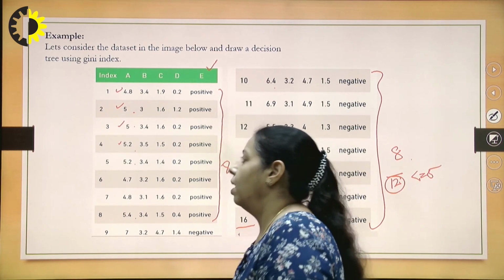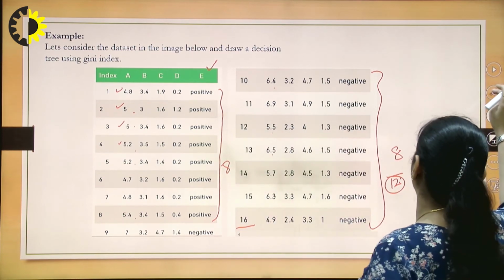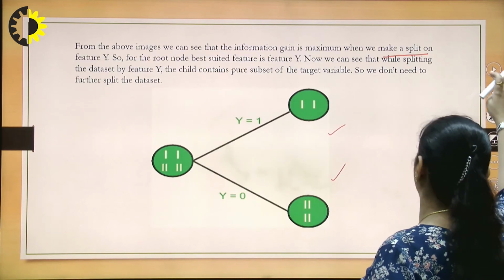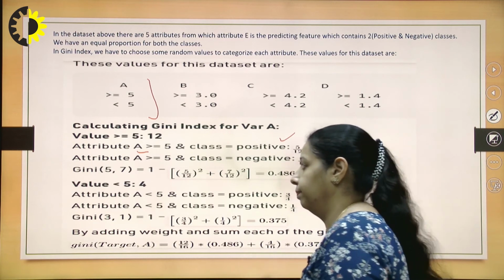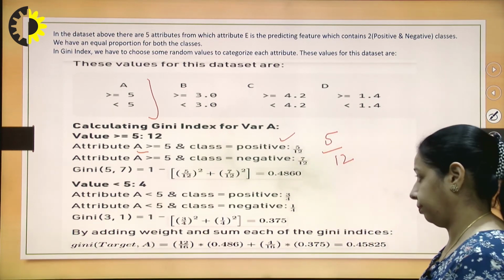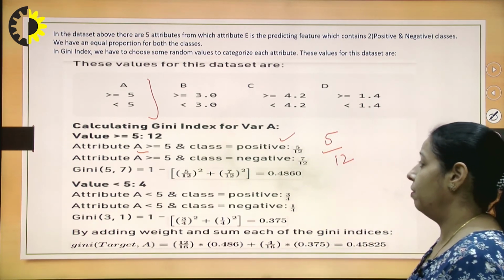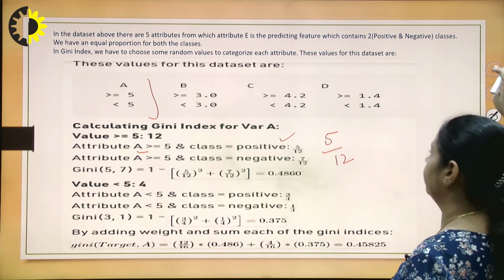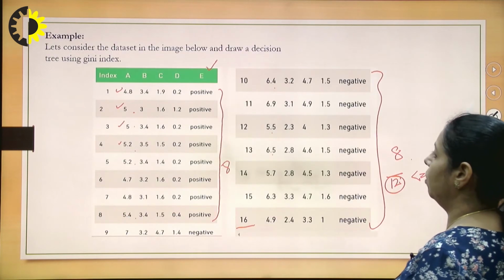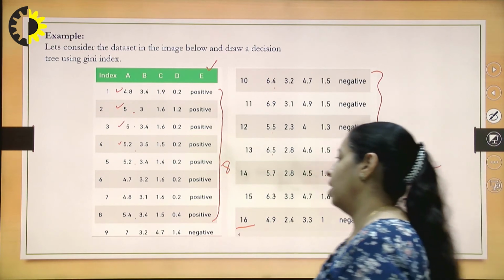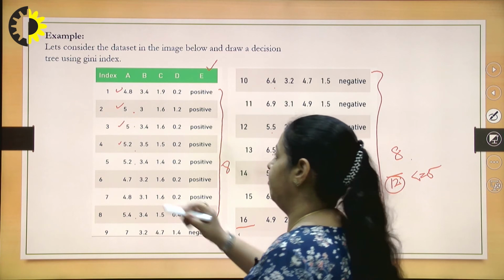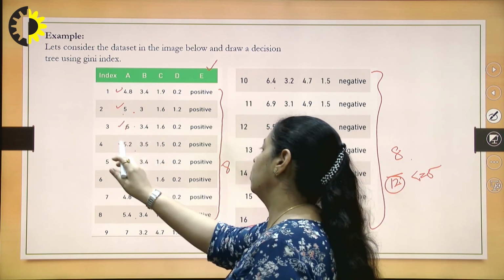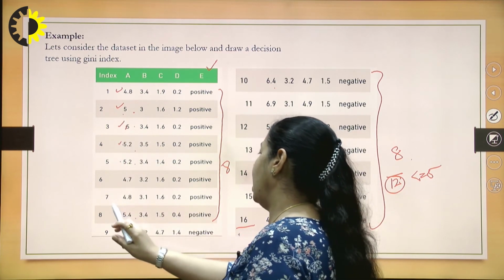And the total number of positive classes for this category, whose values are greater than or equal to 5, we have 1, 2, 3, 4 and 5.